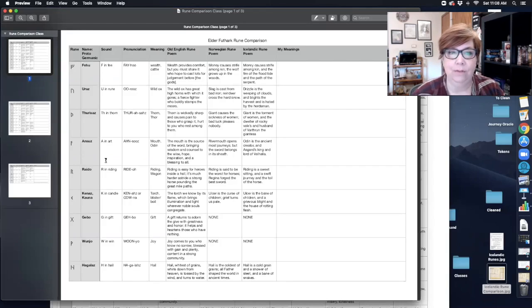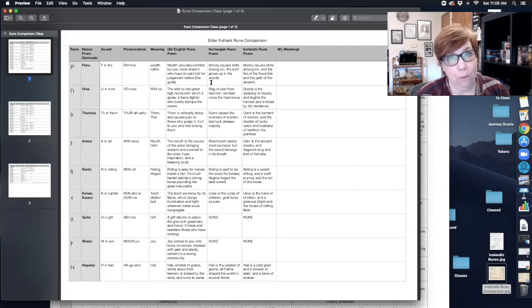So these are sounds. The sound that it makes, the pronunciation as I've landed, the basic meaning of the letter, because the letter has a basic meaning, such as Uruz is wild ox. That's what it means. And then the three poems.